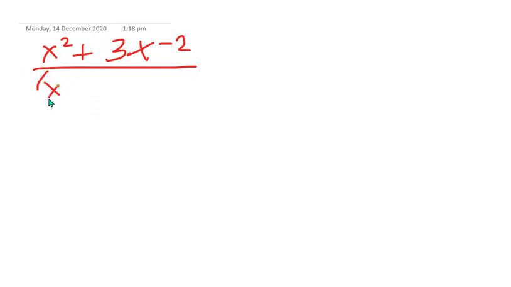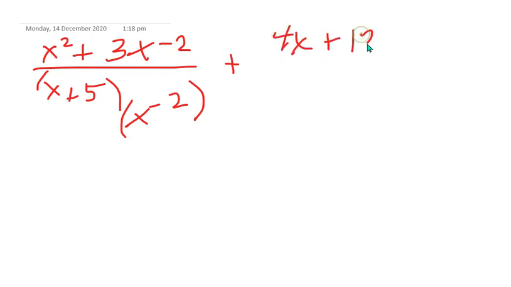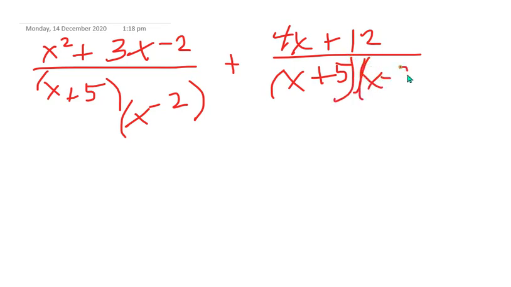Okay, another example, if we have x squared plus 3x minus 2 over x plus 5 times x minus 2, plus 4x plus 12 over x plus 5 times x minus 2.